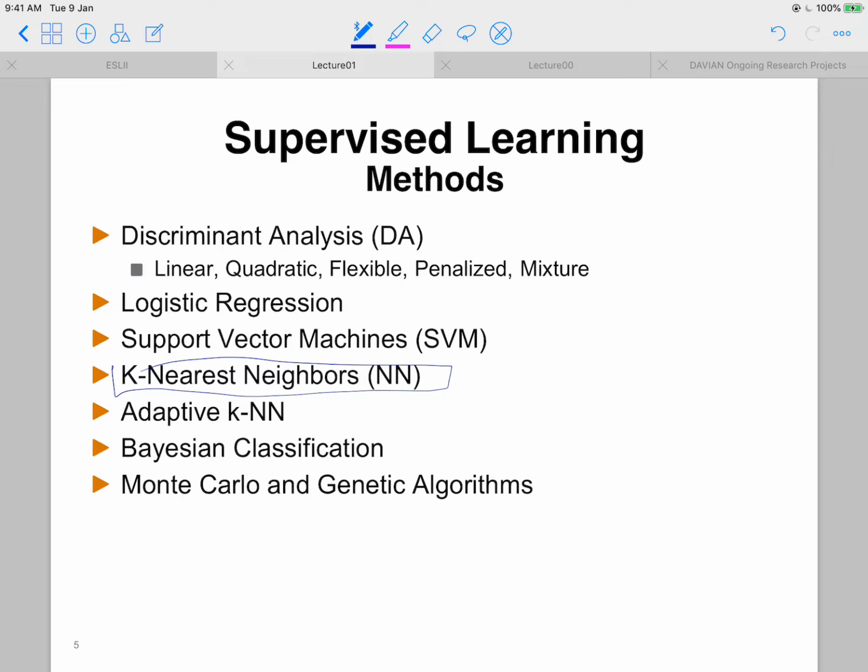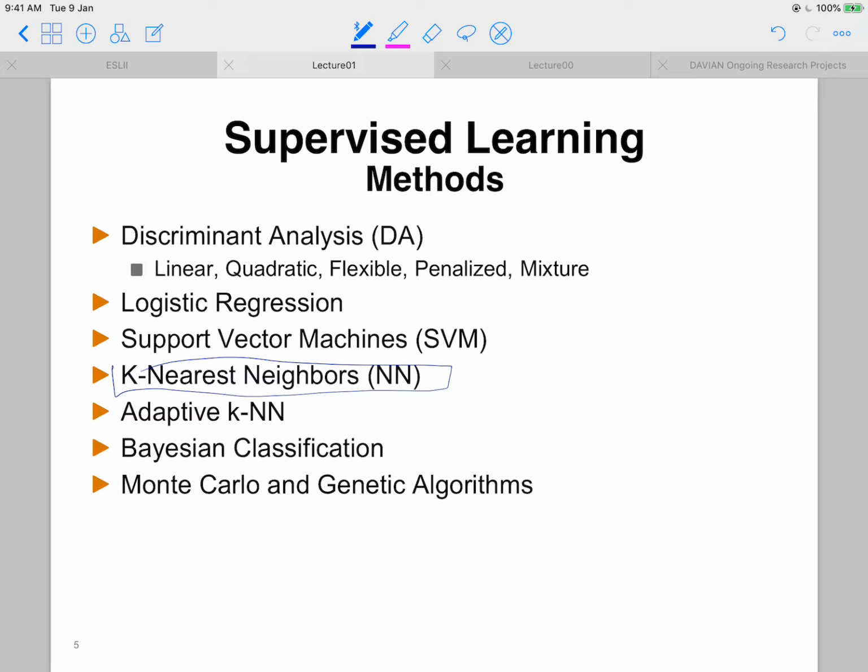Because it doesn't have a fixed number of parameters, and also the model representation. If we imagine some specific or fixed representation like alpha 1 times x1 and so on, right? The k-nearest neighbor classifier doesn't have a specific or fixed form to represent the classification model. So in that sense, it is also viewed as a non-parametric model.